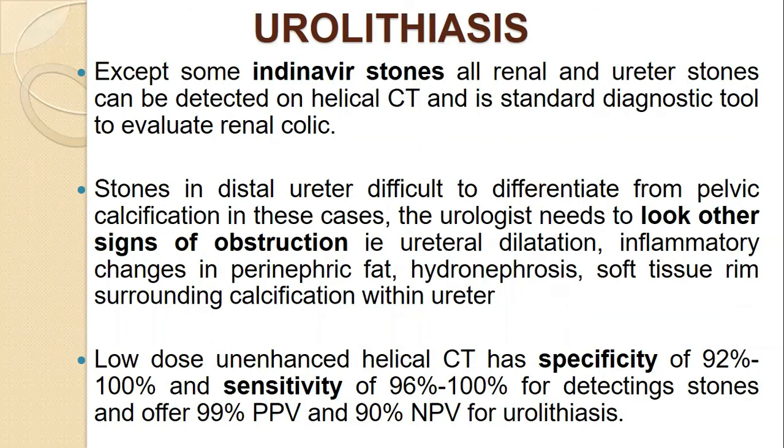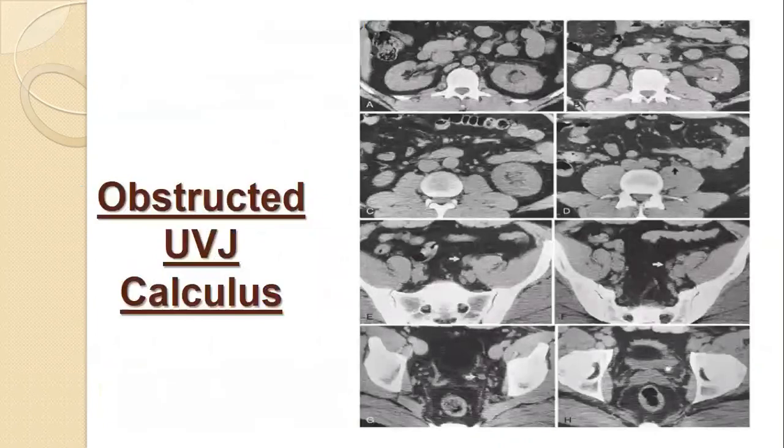Low dose unenhanced helical CT has a specificity of 92 to 100% with a sensitivity of 96 to 100% for detecting stones, and offers 99% positive predictive value and 90% negative predictive value for urolithiasis.